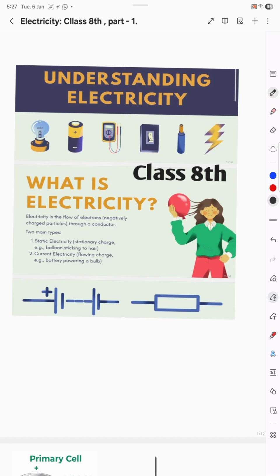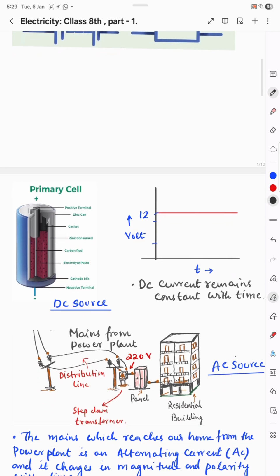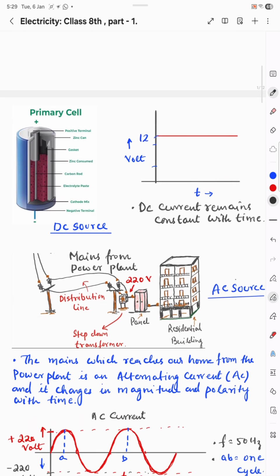We can get this electricity from batteries or from the generators or the power plants. A battery or a cell gives us DC current, whereas a generator or a power plant gives us AC current.